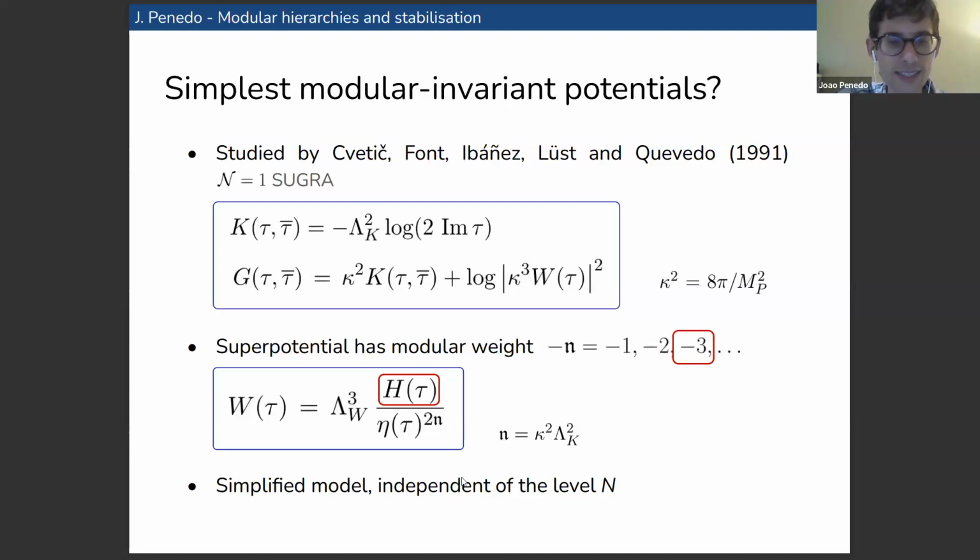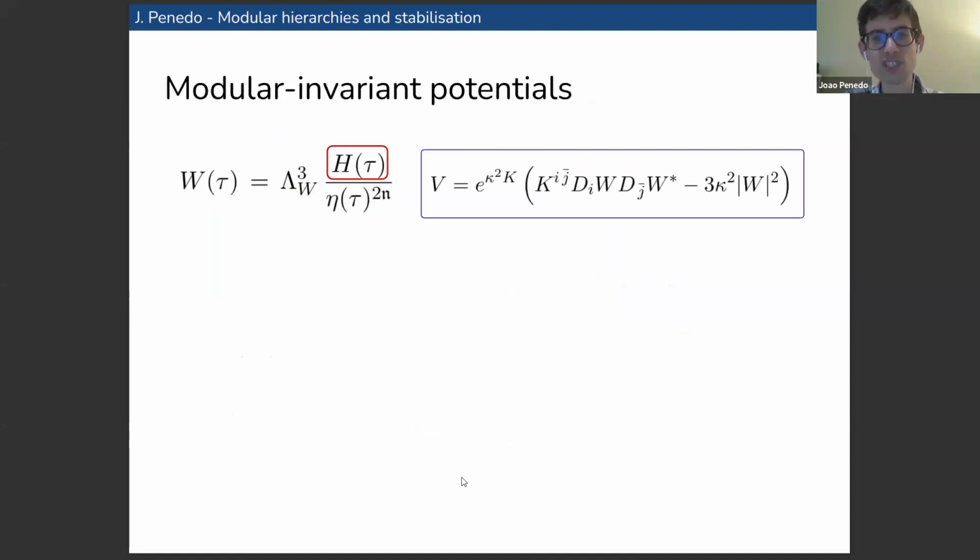It's a simplified model, so it doesn't matter which finite modular invariant, and we see what they tell us about where these have minima. So what would be the values of tau? This is simplified. There have been some advances also to add matter, but here we'll focus just on functions of tau.